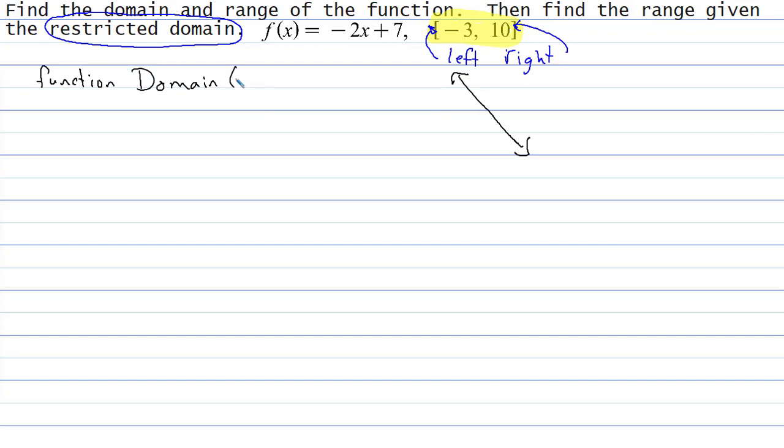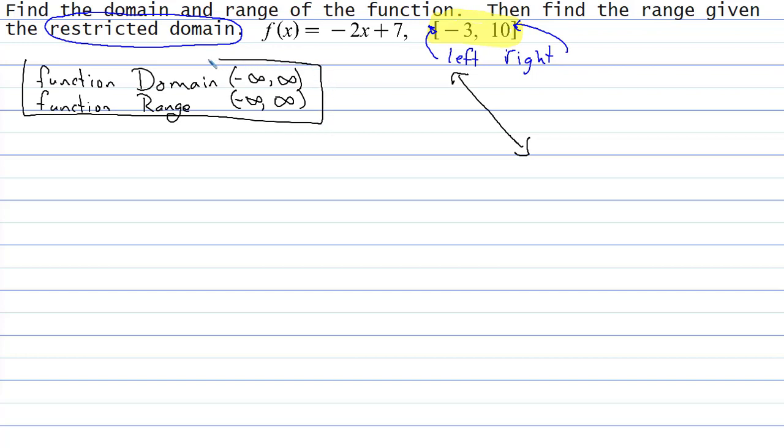No. So we have from negative infinity to positive infinity. We're going to look at the function's range. Is there any stop and start points going up and down? No. So it's negative infinity to positive infinity. So for the function itself, that answers that first question.